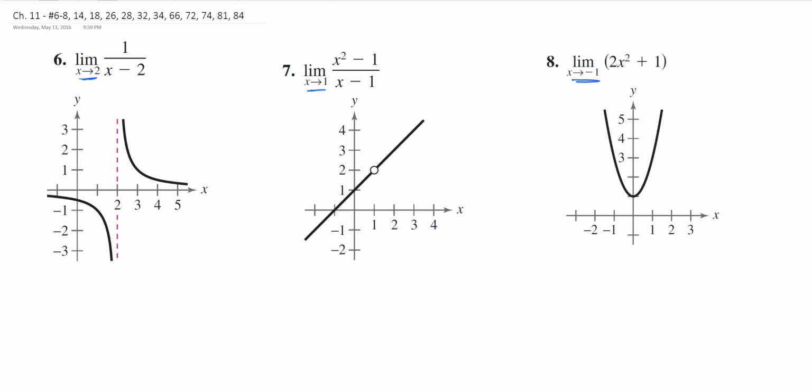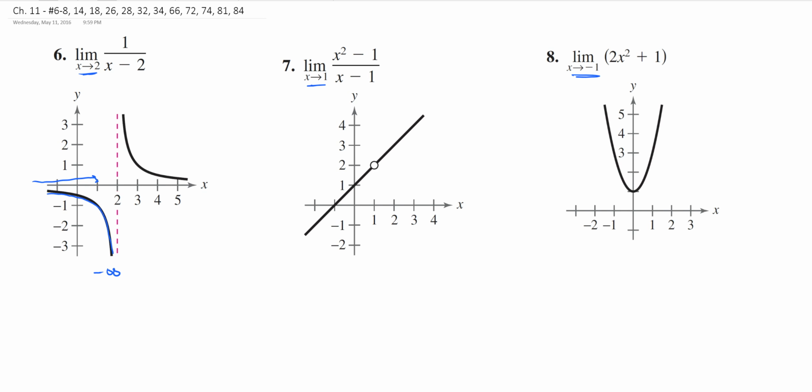And we know that means look at what's happening to the y value of the graph as the x value gets closer to positive 2 from both the left and the right side. So if I'm looking at the left side of number 6, moving in towards that value of positive 2, my graph is going down and it's actually approaching negative infinity.